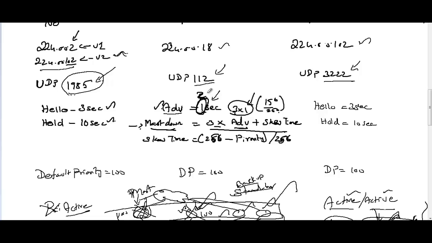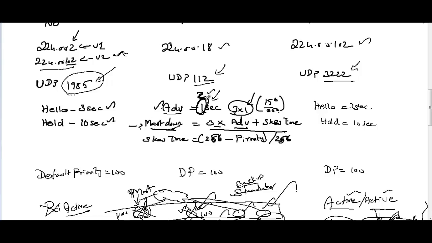If you change the advertised timer, based on that the master downtime, or hold time, as you need to call it in VRRP, will vary. So it is not always 3 times or 4 times. It depends on the advertised timer that we give.